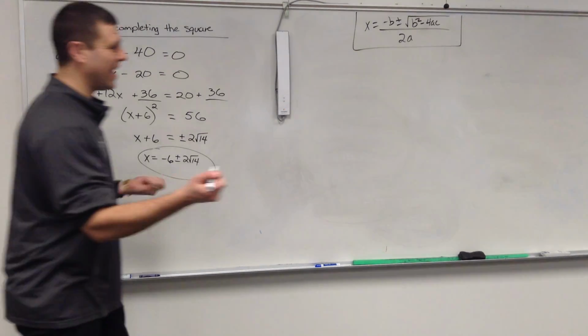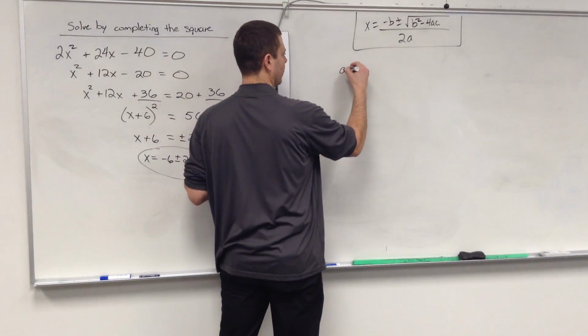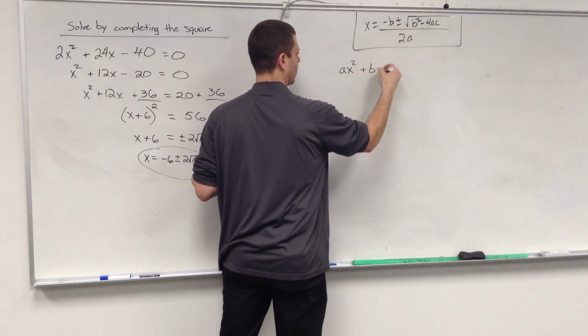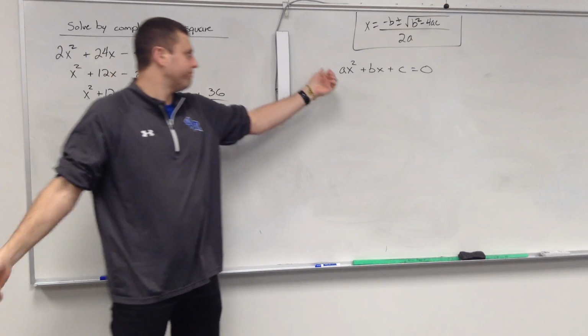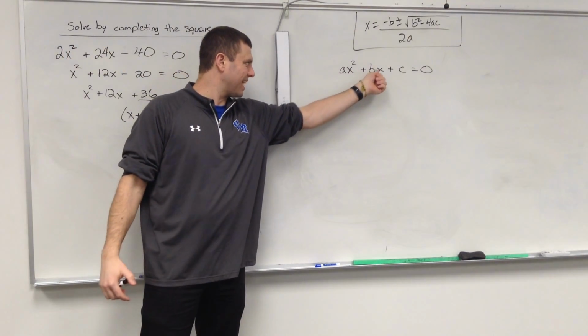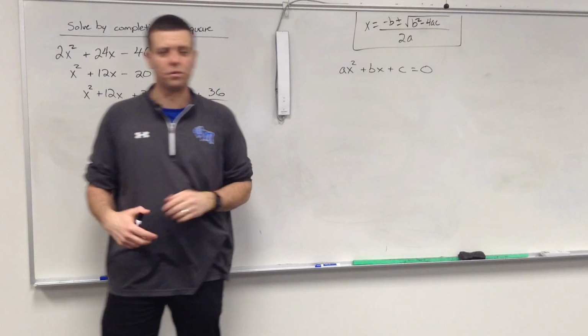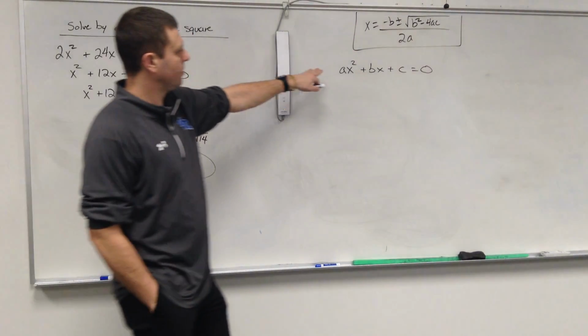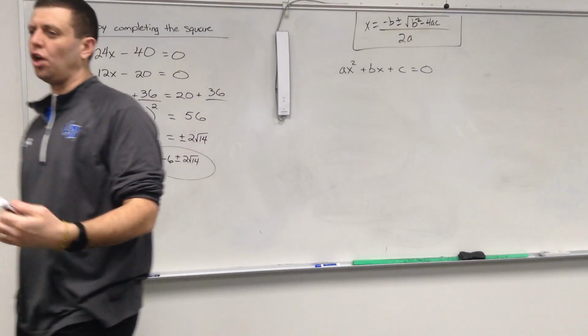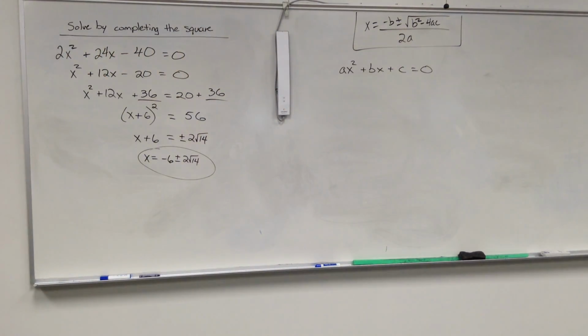So if I have a quadratic equation that looks like this, ax squared plus bx plus the constant c equals 0, I'm going to solve for x, and I'm going to use the exact same method that I used over here.